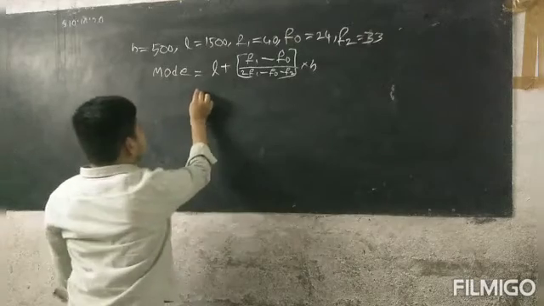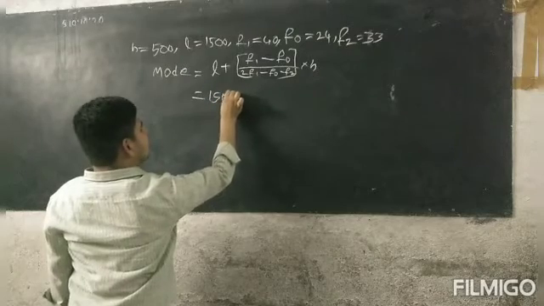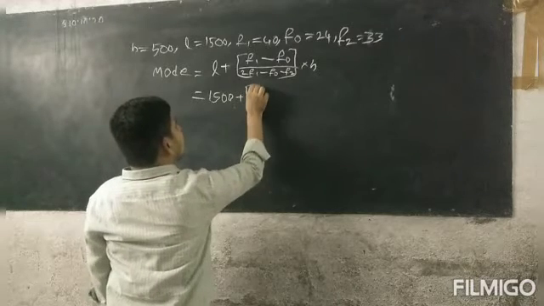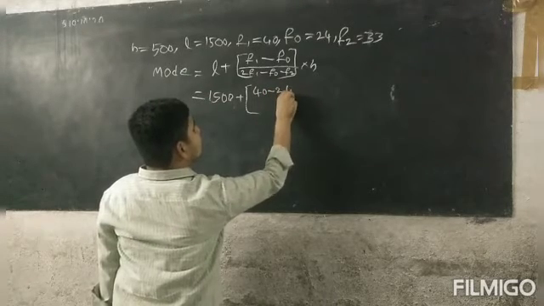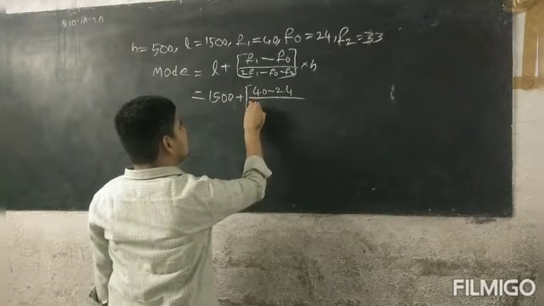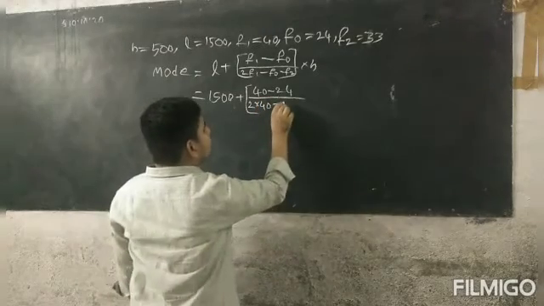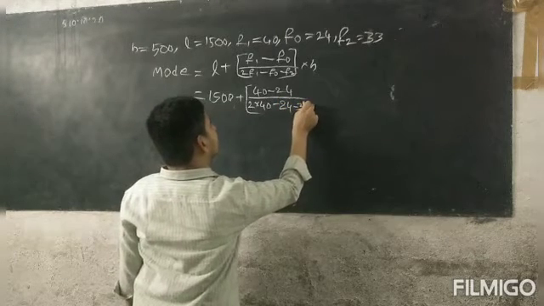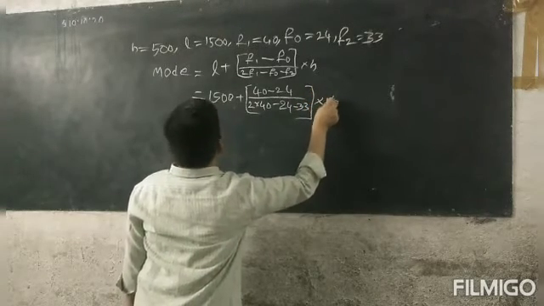Equals the first value 1500 plus, f1 equals 40, minus 24, by 2 into 40 minus 24 minus 33, into h. Find h.